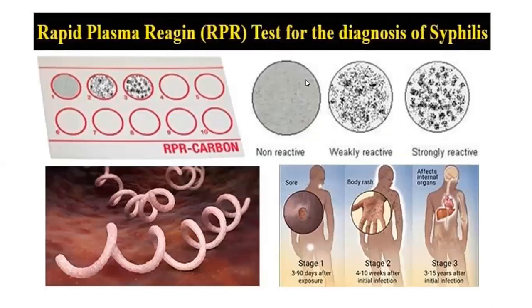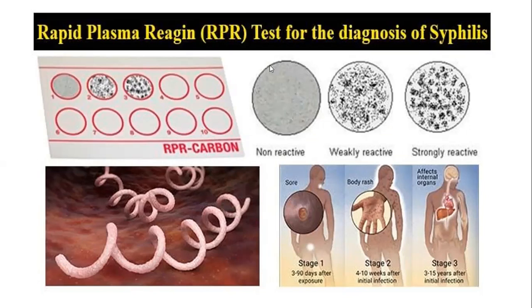Here you can see the RPR test for diagnosis of syphilis, and it can be performed on this paper. This paper consists of a specific cardiolipin antigen, and you should take serum from the patient and put the serum on this paper.